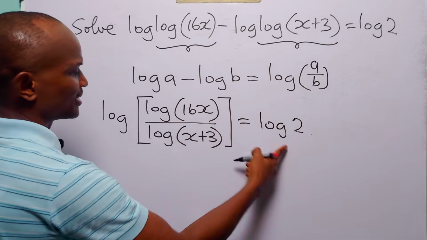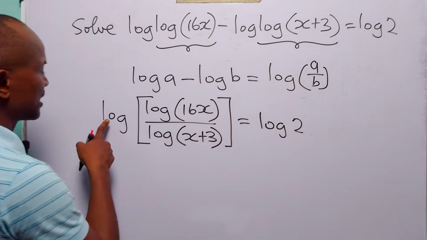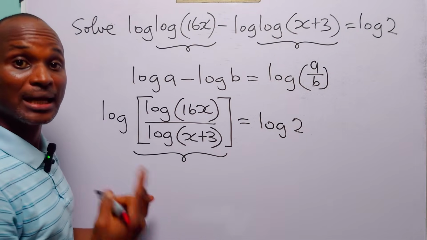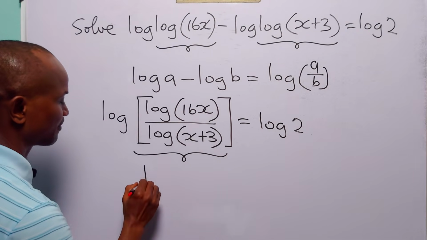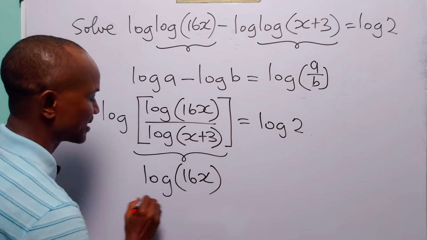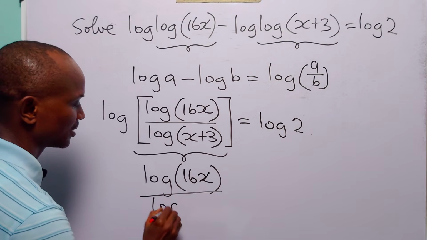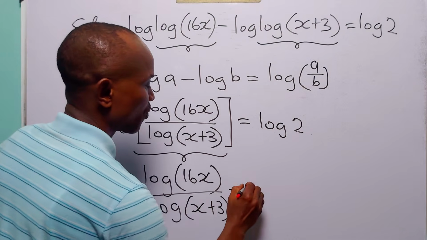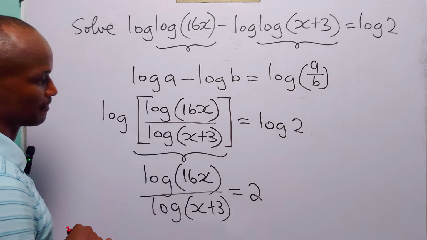Now, when we compare the two sides of this equation, here we have that log this is equal to log 2. Now, this simply means that log 16x over log x plus 3 is equal to 2.